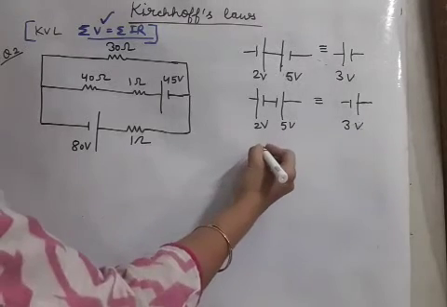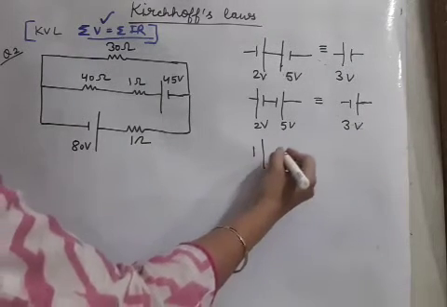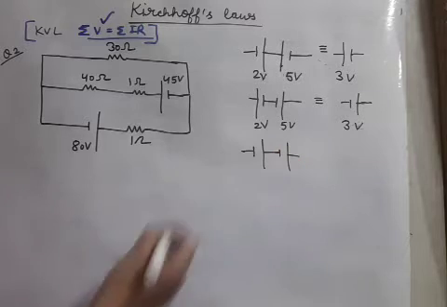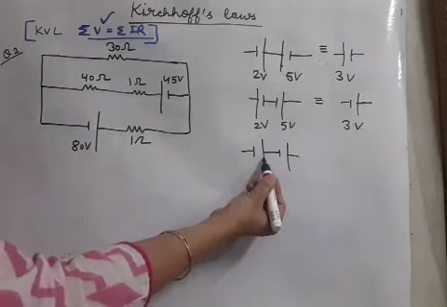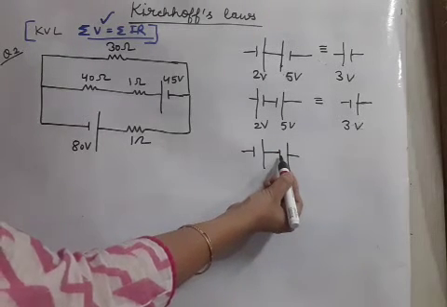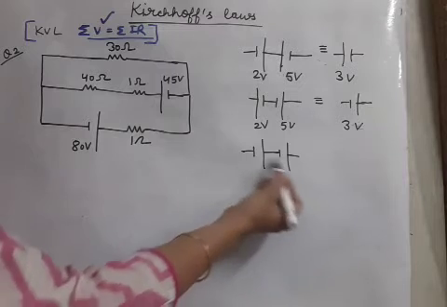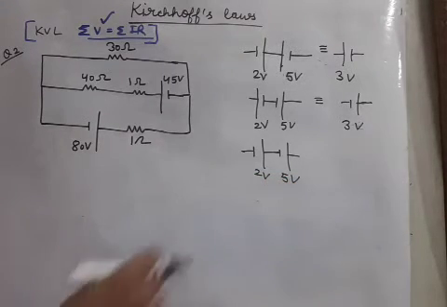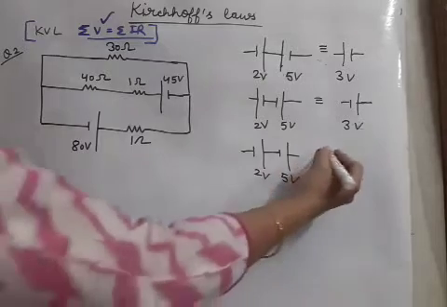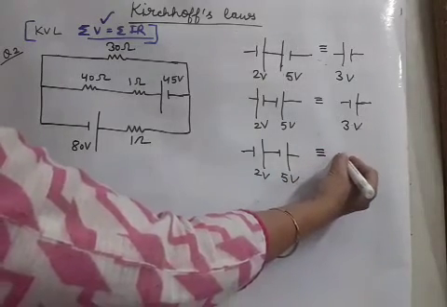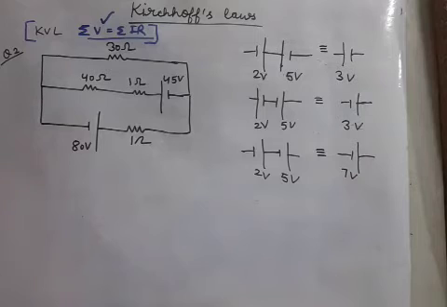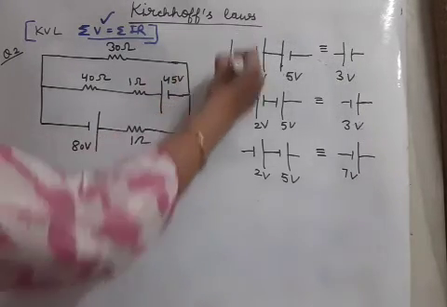And in the same manner, if opposite terminals are nearby connected, that means positive of the first battery is connected to negative of another battery, then they are added. So if 2 volt and 5 volt are connected like this, then they are equal to a 7-volt battery. So these combinations you have to remember.